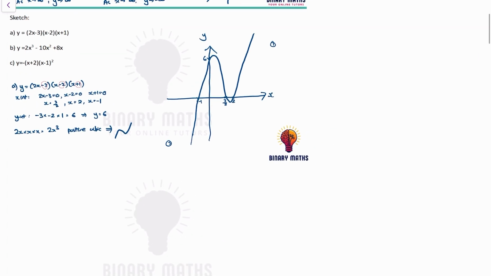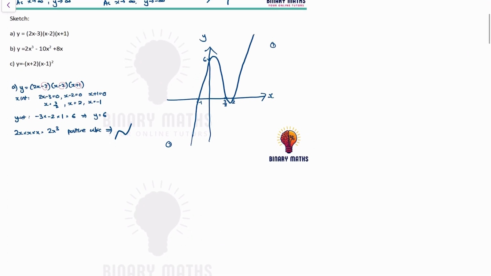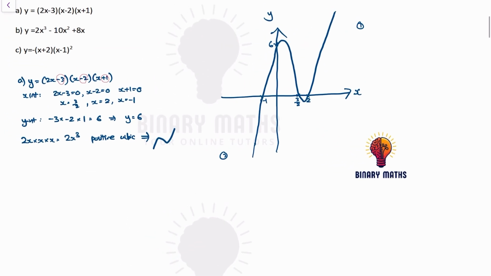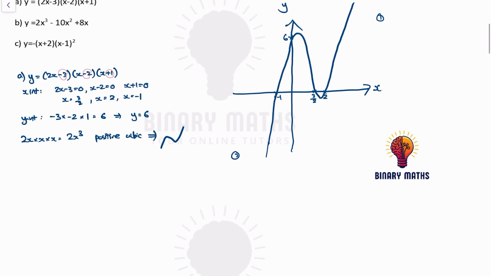Okay, let's try the next example. So b, which is equal to y, is equal to 2x cubed minus 10x squared plus 8x. If I factorize the 2x out in the bracket, I get x squared minus 5x plus 4, which is a quadratic.